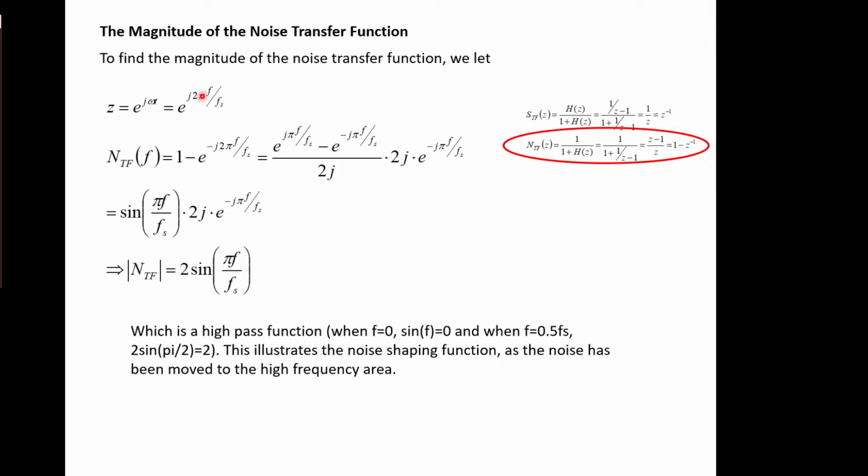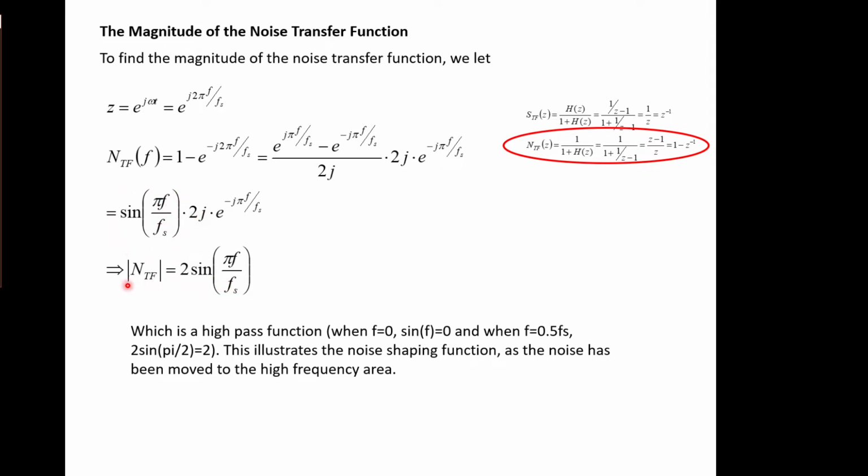So our noise transfer function was 1 minus Z in the Z transform, which we can just substitute for that, expand that out a little bit, and we end up with this is sort of Euler's function for sine. So we've simplified down to sine pi f over fs multiplied by some rotating phasor. So the magnitude of that is just going to be 2 times whatever this is.